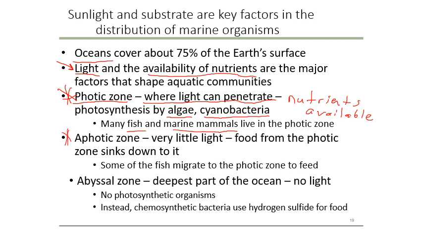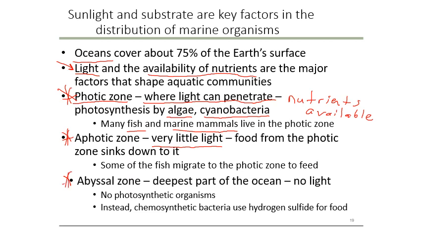The aphotic zone, here very little light gets down. The food, the nutrients from the photic zone, sink down to this level. The fish that might be living in this zone do sometimes go up to the photic zone to feed, if there aren't enough nutrients available in the aphotic zone.